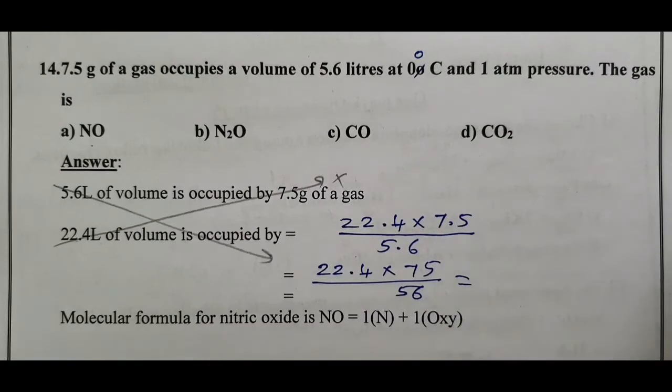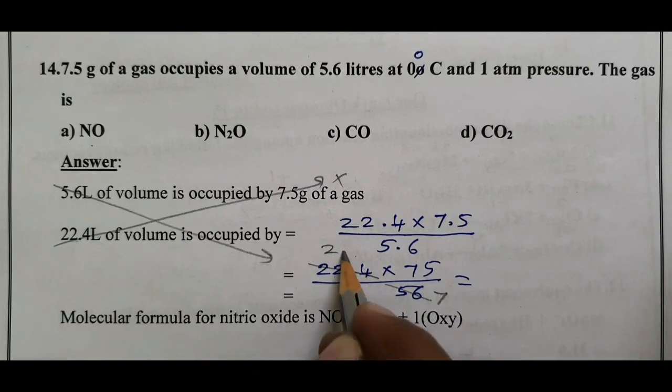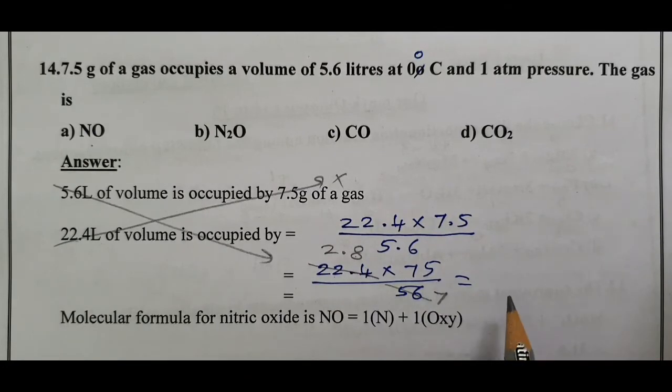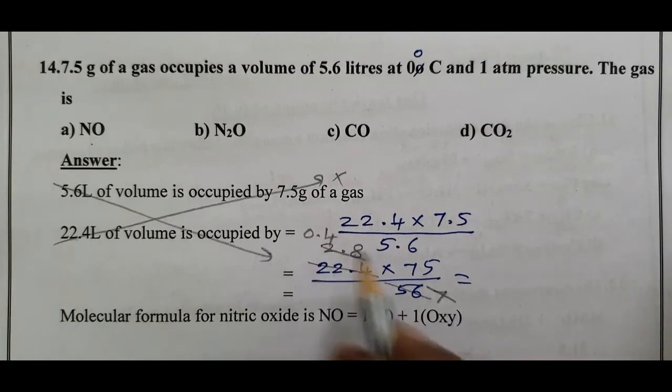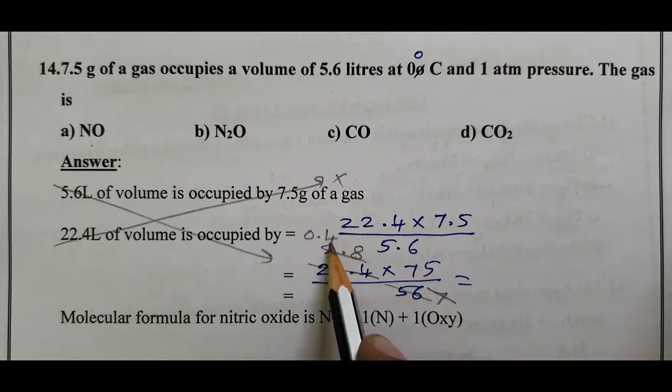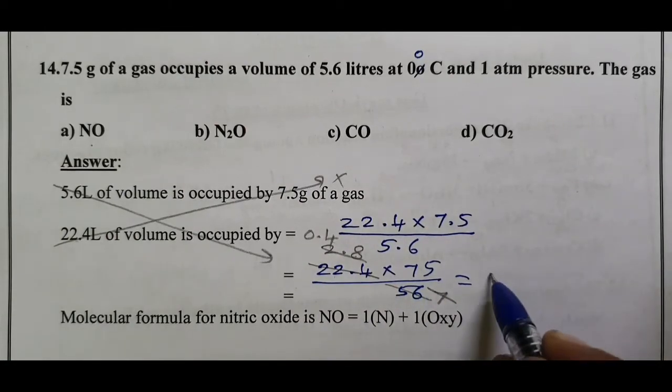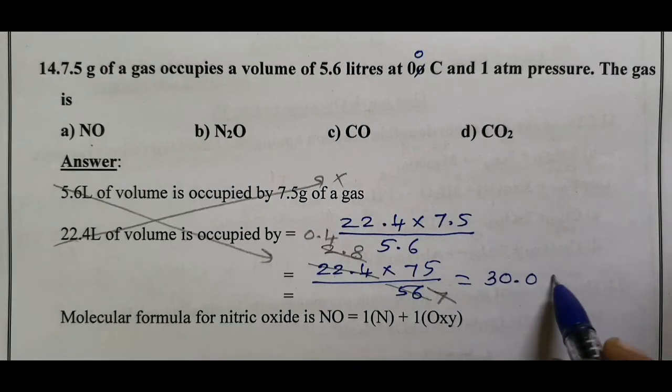Now, 8 times 7 is 56, 8 times 2 is 16, remaining 6, 64, 8 times 8 is 64. 4 times 75 equals 300, that means 30.0 gram.